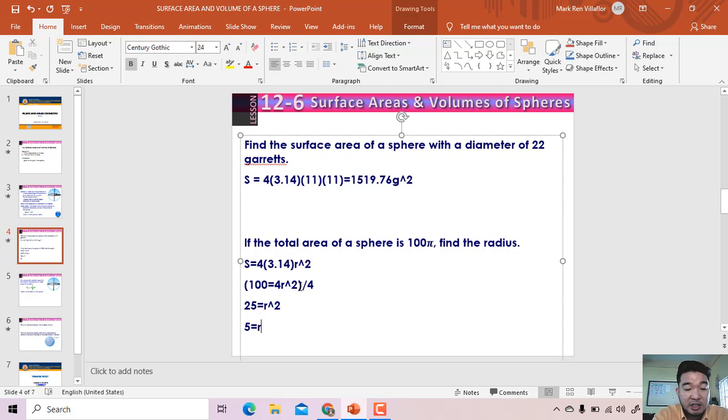So the radius is equal to 5. So that's how easy it is to get the surface area of the sphere and the radius given the surface area. So by the way, if you have the formula, you just manipulate the formula to solve for the other unknown variable. Okay, so we move on to the next one.